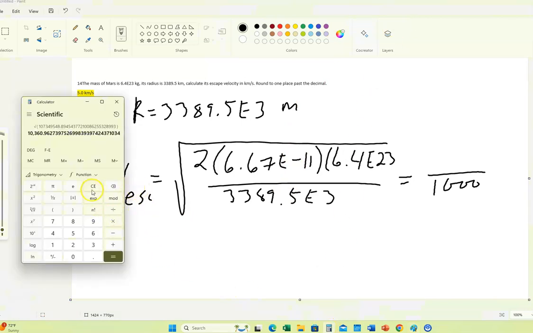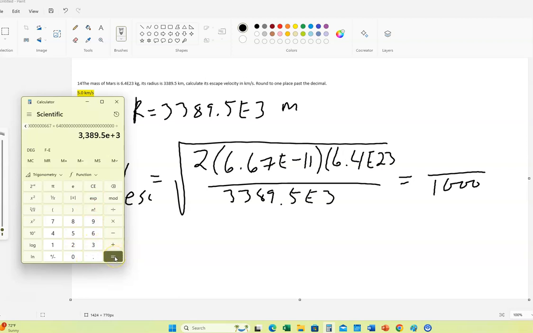All right, so there's the last one we just did. Again, 2 times 6.67 times 10 to the minus 11th times the mass, which is 6.4 times 10 to the 23rd, divided by 3389.5 times 10 to the third.